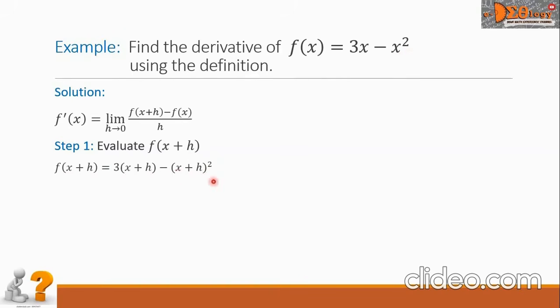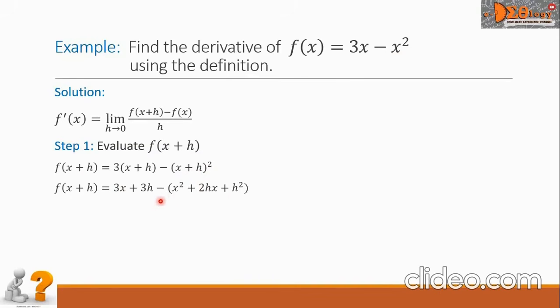Let us simplify, and we have now 3x plus 3h minus, let us expand the square of x plus h into x squared plus 2hx plus h squared.